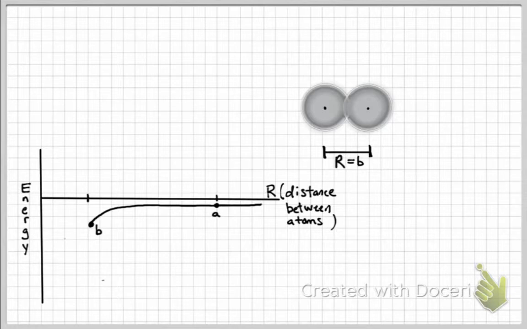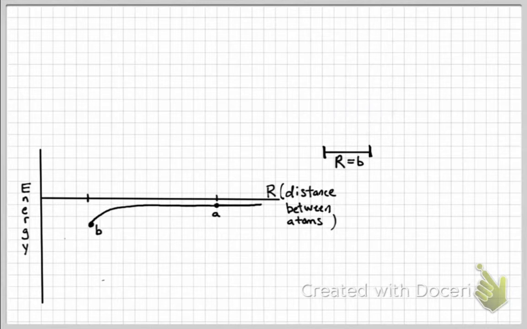And at this point, the electrons in those orbitals not only feel the positive charge from their own nucleus, from the atom that they rode in with, but also from the atom that they're now sort of joining with. So the electrons feel the nuclear pull from 2 nuclei in between these two atoms.